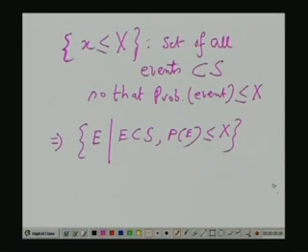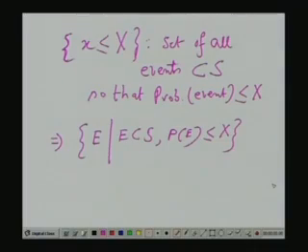That is, we are now considering all possible events of x, so that for each event the corresponding probability, since we can define probability only for events. So, I am now considering those events for which the corresponding probability has a value less than or equal to capital X. That set in short in a compact notation is denoted like this.